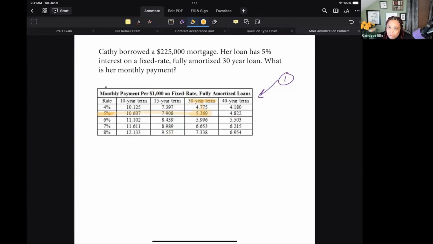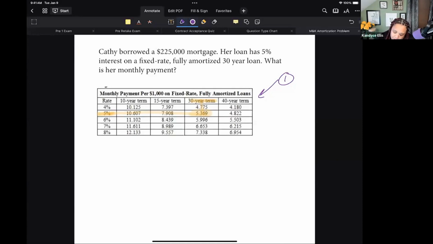Now, somebody said in the chat, can you round it? I will tell you, most numbers I do round to like 2 decimal places. But when I deal with these numbers in the chart, I tend to not round them. Unless I'm in a rush, I tend to just go ahead and go out 3 decimal places. So whoever answered that, that's what you want to do.